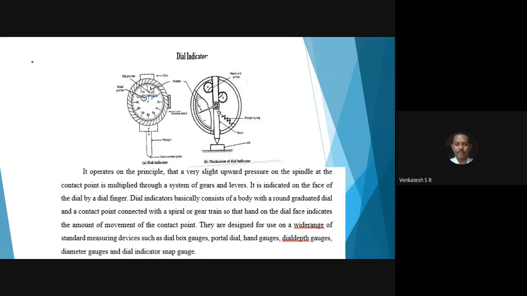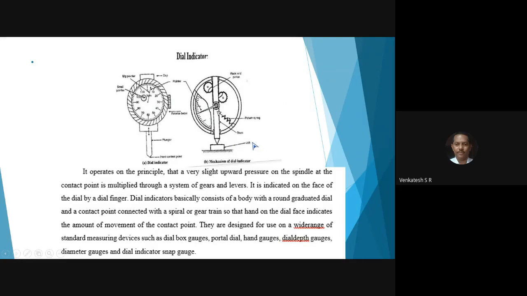Inside the dial indicator, you have a vertical shaft which is connected to a rack and pinion, and when this plunger moves upward, it gives a deflection to the pointer of 1000 to 10,000 times. And this is the working.